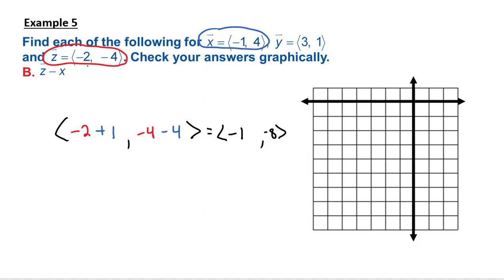Oh, I'm sorry. I have to start with z. So I go -2, down 4. 1, 2, 3, 4. So again, that's z. Now I need to do the negative of x. Actually, I'm going to erase that. I apologize. I mixed up my colors. So I have a -2, 1, 2, 3, 4.